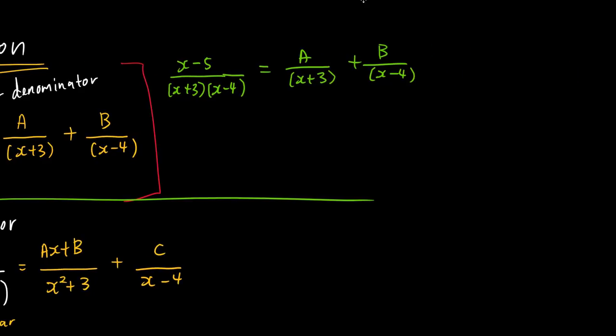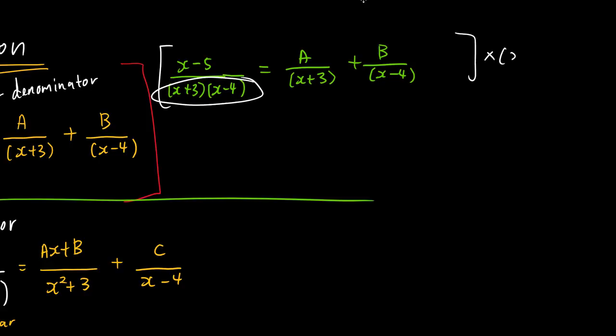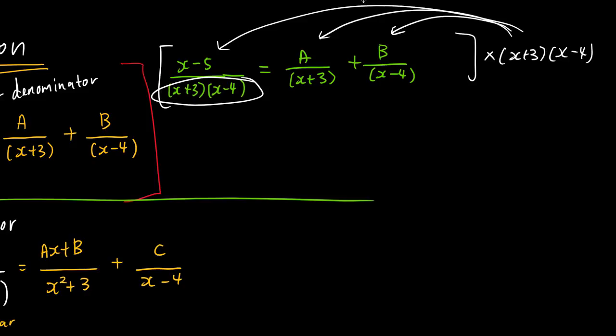So normally the faster way I solve this kind of fraction question is I will multiply the total denominator here, which is x plus 3 times x minus 4, for every single one.